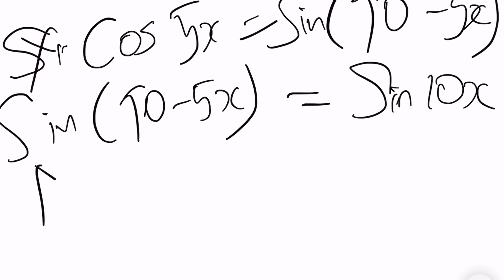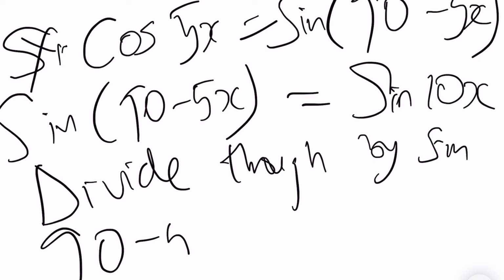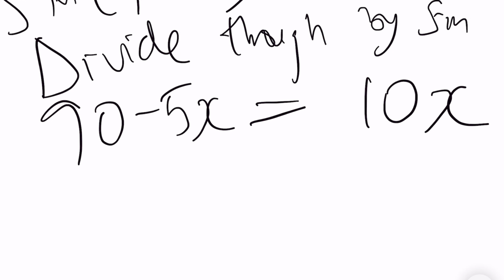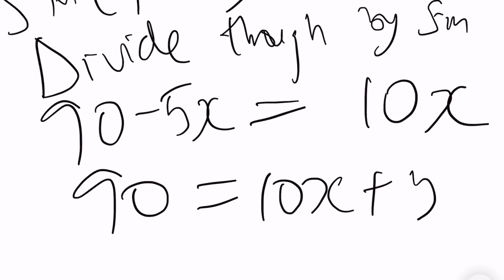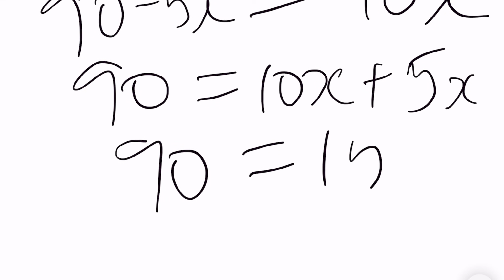When you divide through by sin, we have 90 minus 5x equals 10x. So we have 90 equals 10x plus 5x, and we have 90 to be 15x.